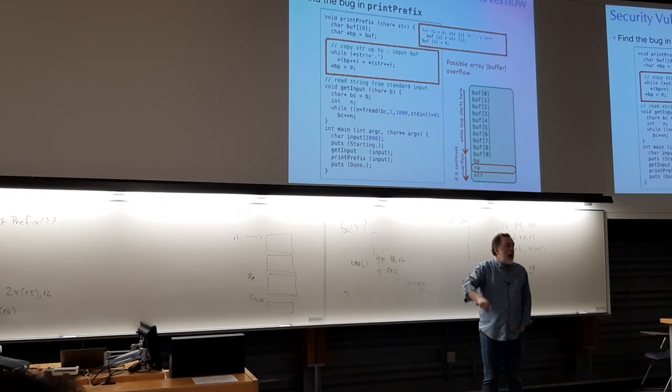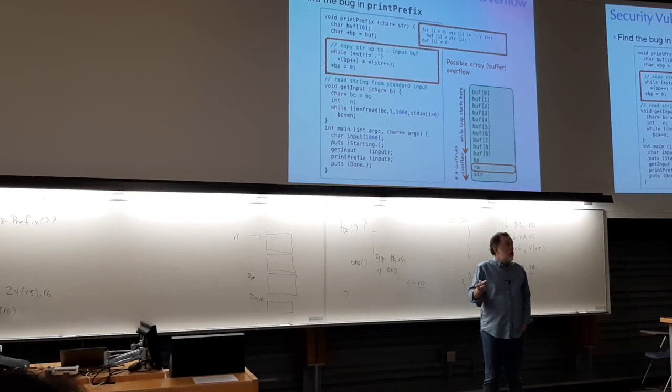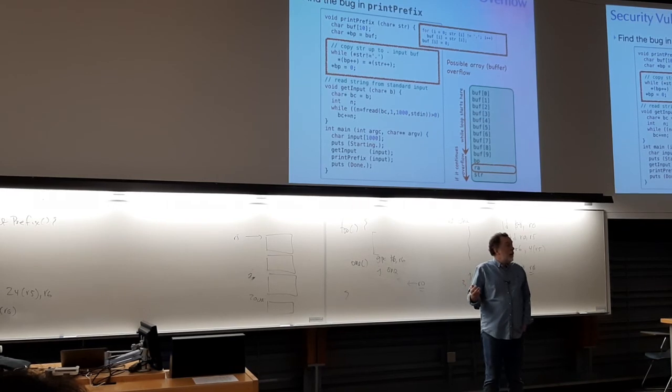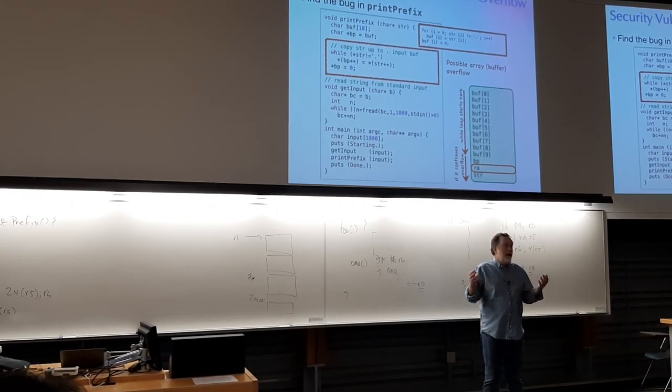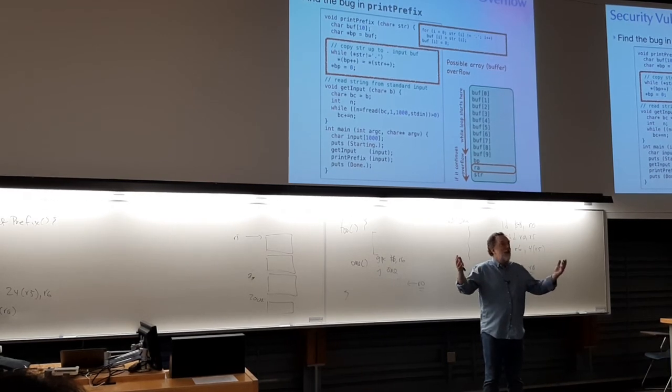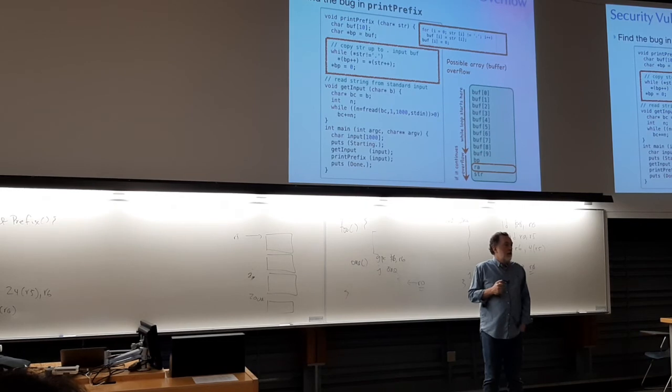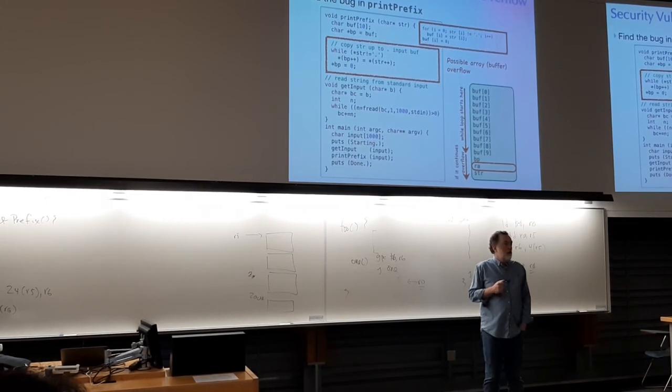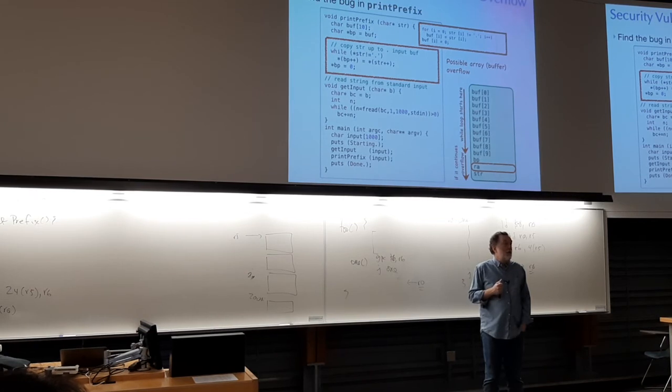What I've done is smash the return address with something in the string. Now it was just gibberish. I was hoping, and I'm not exactly sure why, it didn't just give me a segmentation fault. It jumped to some weird address. In any case, something happened. We have to diagnose it further, but it didn't jump to the place I want.